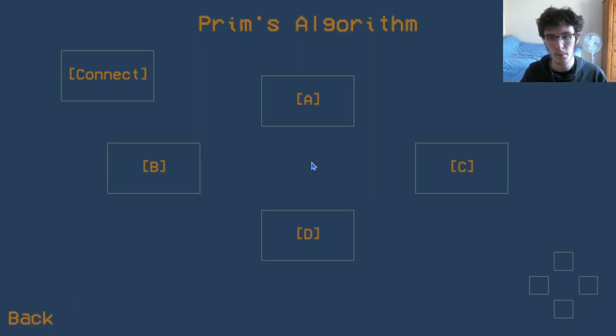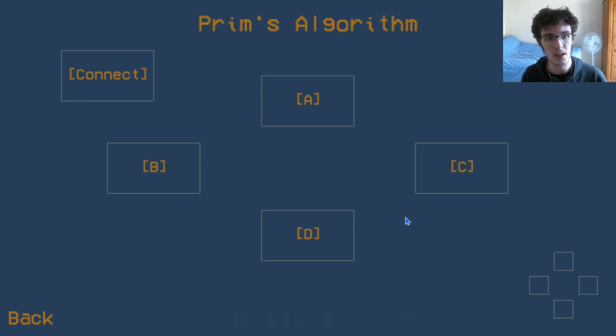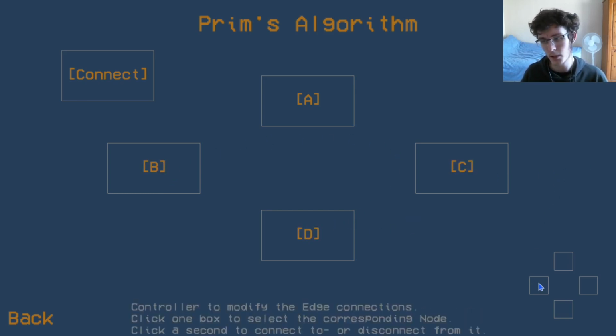As you can see from this button up here, the first thing we need to do is make a connected graph. We need to have a graph that from any node you can reach any other node either directly or indirectly. So let's make that. Let's make a connection between these two, and you can see that we're also using a weighted graph.